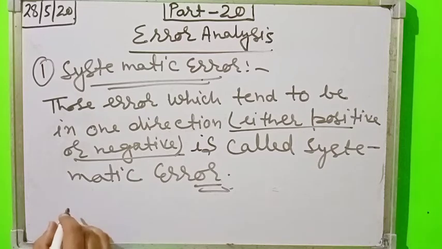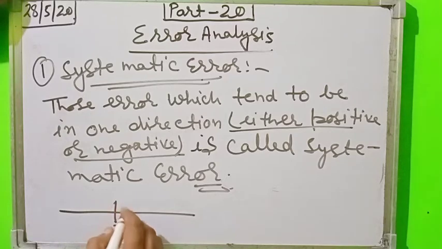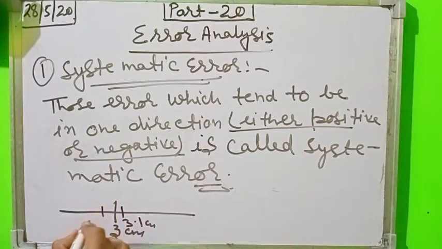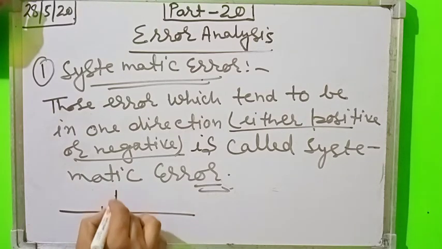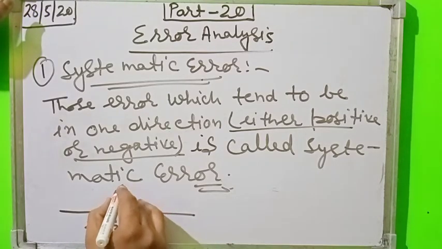Suppose the accurate value is 3 centimeter, but due to imperfection of our measuring technique, you are getting the value 3.1 centimeter or 2.9 centimeter. If you are getting the exact value 3 centimeter, there is no error, that is zero error.